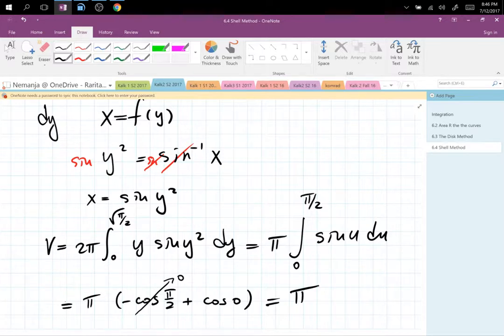So now the question is, which method is better? And the answer to that is, it depends on the problem. As I said before, in some cases one method is better than the other. In some cases one method is not possible and the other is. And in some cases the problem can be done both ways, just like the one with the triangle that I did.